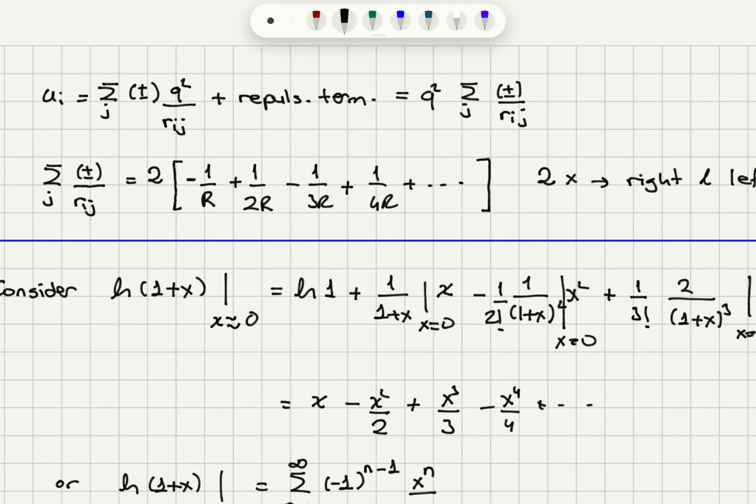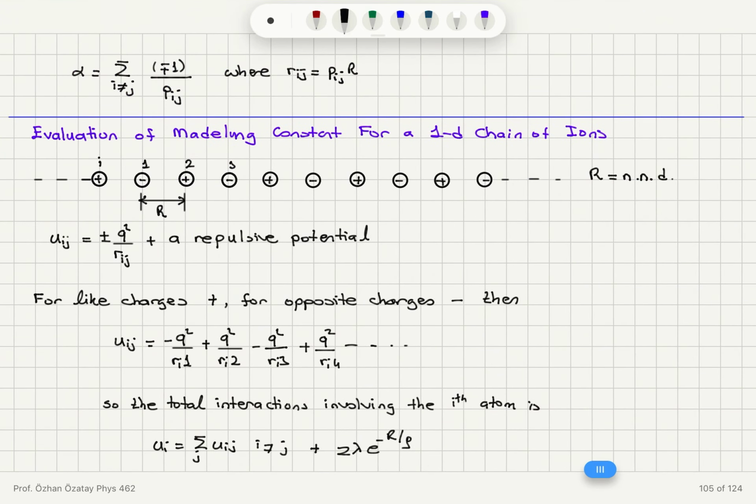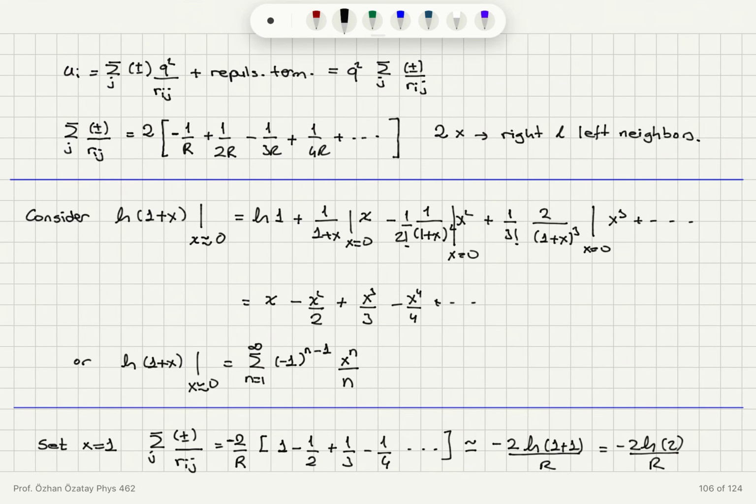So let's evaluate this plus or minus 1 over rij. I look at this atom. The distance between the ith atom and the first atom is r. So the first term will be minus q square over r. So then I will have minus 1 over r here.